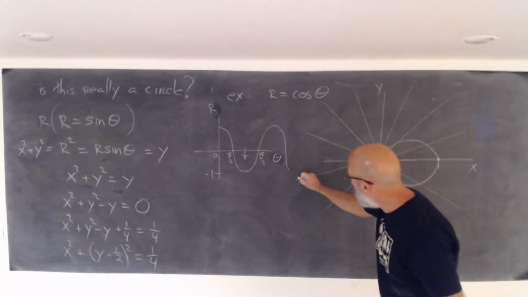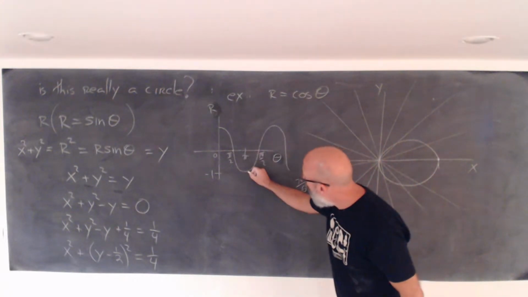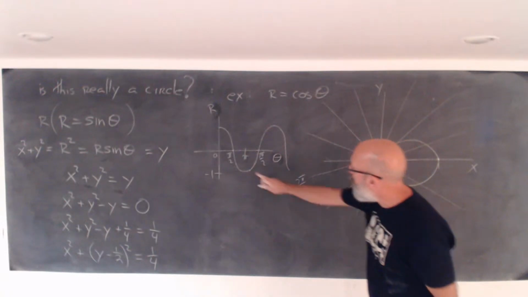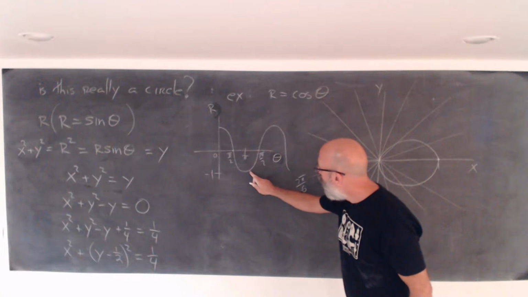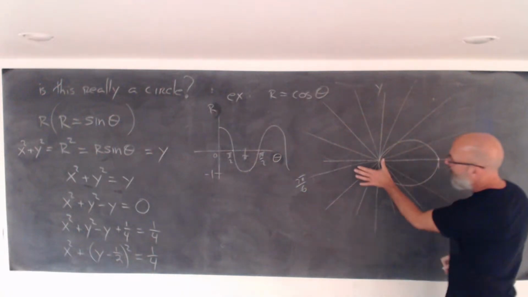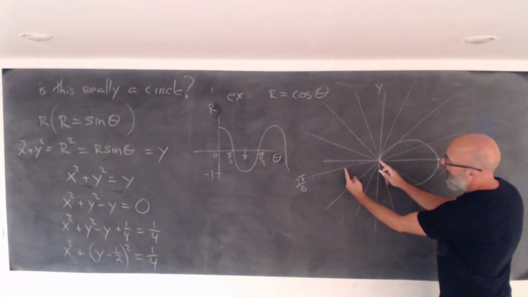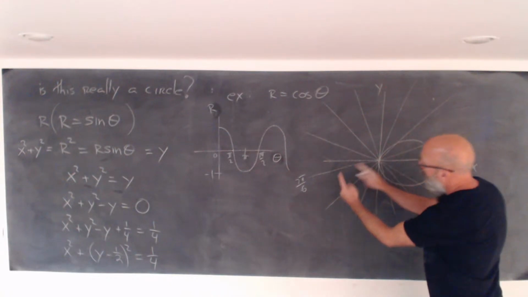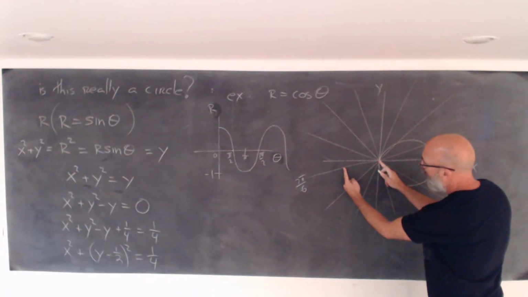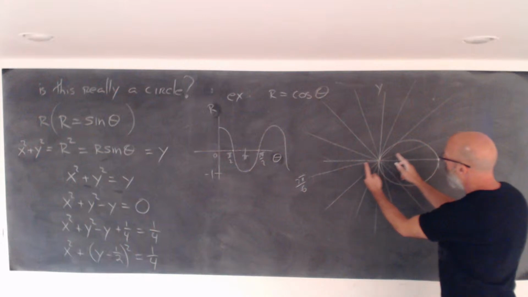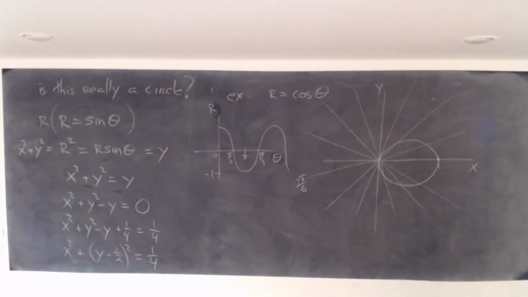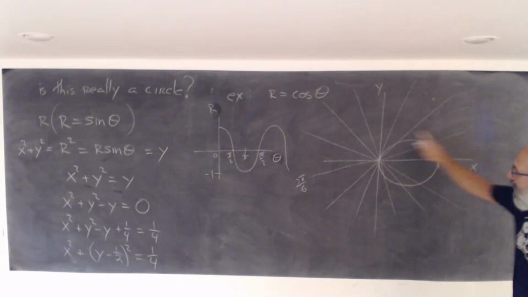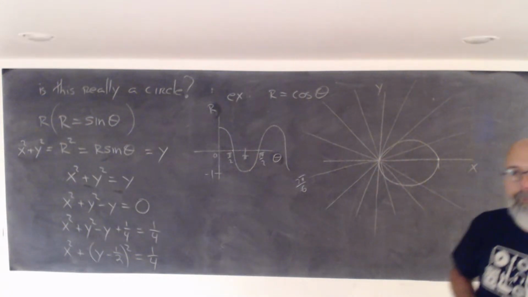Here at 7 pi over 6, cosine of 7 pi over 6 is going to be -√3 over 2. So instead of graphing it in this direction, you're going to graph it in the opposite direction. A distance of root 3 over 2 is going to overlap exactly on this again.